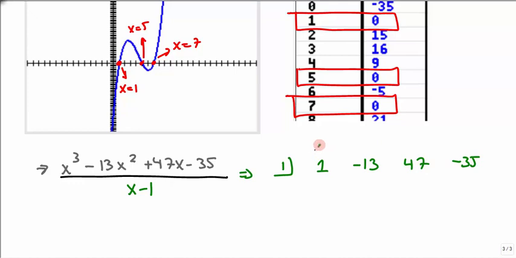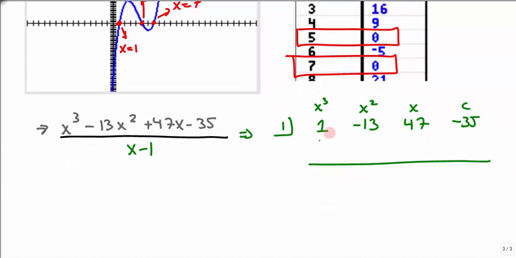I always write my powers up above to remind me: x cubed, x squared, x, and constant. So I bring the 1 straight down. 1 times 1 is 1, add down, negative 12, multiply up. 47 minus 12 is 35, multiply, positive 35, and my remainder is 0.